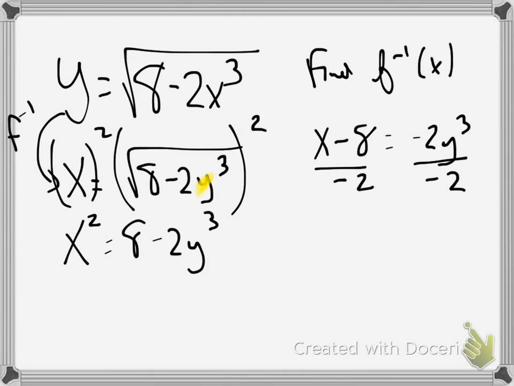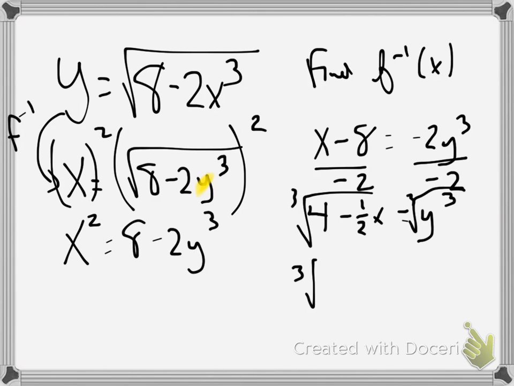And we get, I don't like negatives in front, so I'm going to rearrange things and say that this is 4 minus 1/2 x squared equals y cubed. And then to get the y by itself, we take a cube root of both sides. So f inverse of x will be the cube root of 4 minus 1/2 x squared.